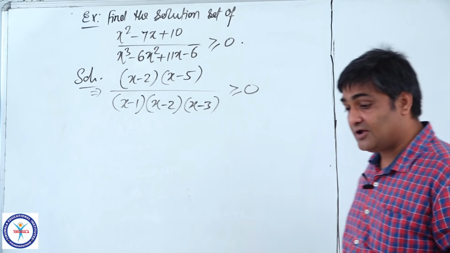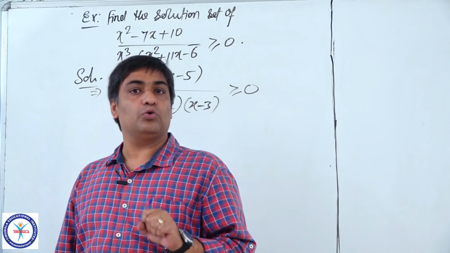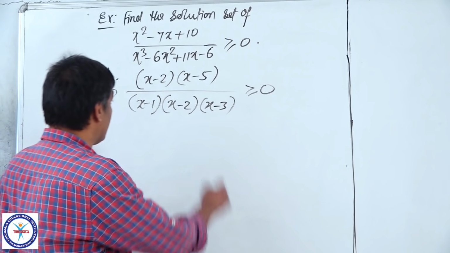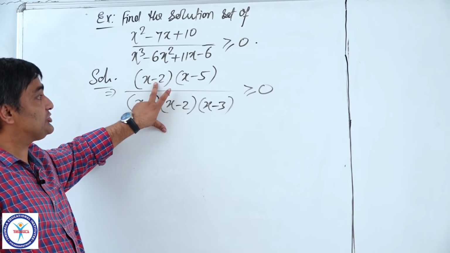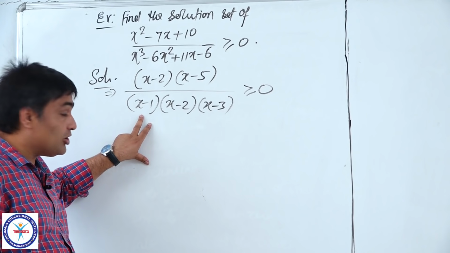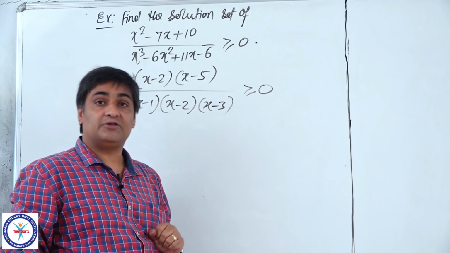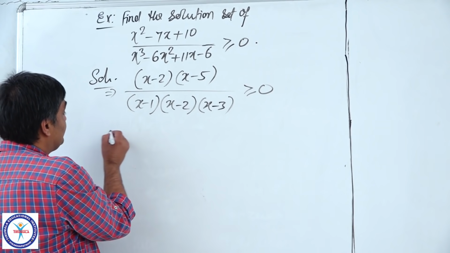Write the roots of numerator as well as denominator also. From numerator, we have roots 2 and 5. And from denominator, we have roots 1, 2 and 3.